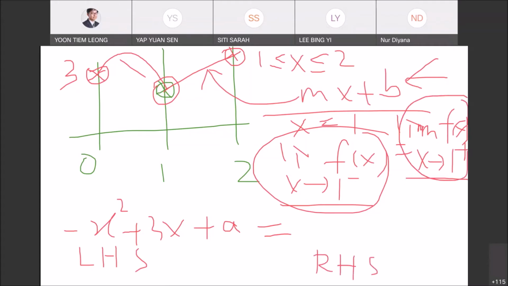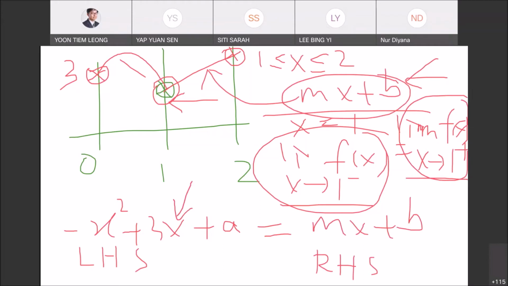So when the function goes to 1 from the right, I am referring to the straight line, which is mx plus b. Okay, so this is one equation, and x has to be replaced by 1 because we are talking about the limit of x going to 1 from both left and right. So you just simply replace x by 1.